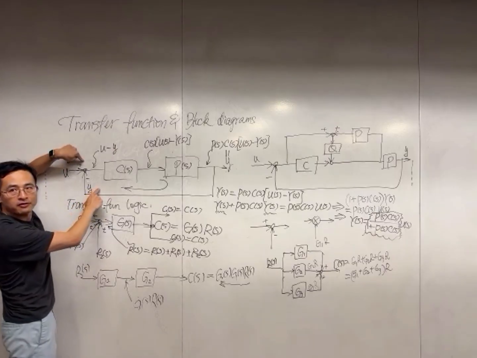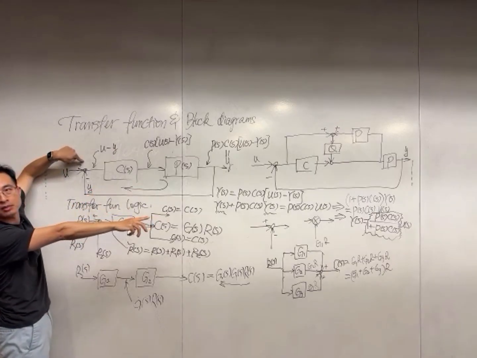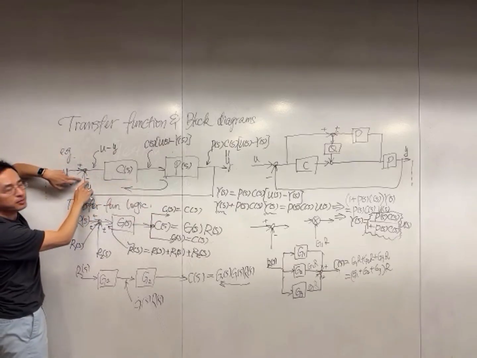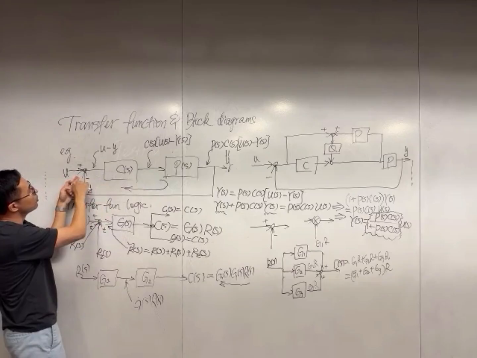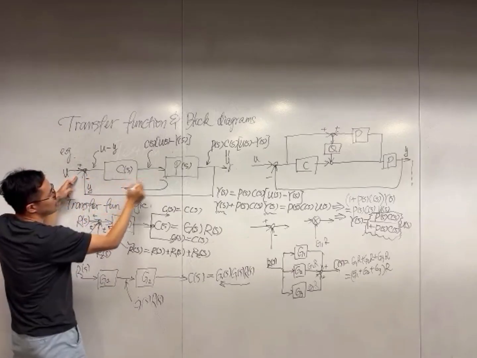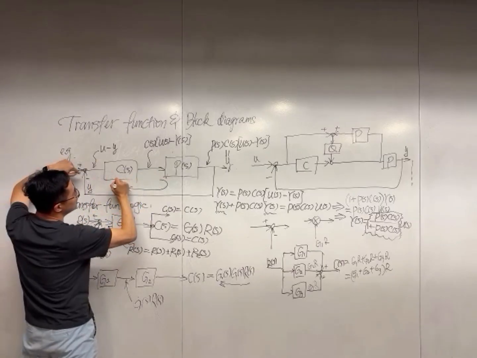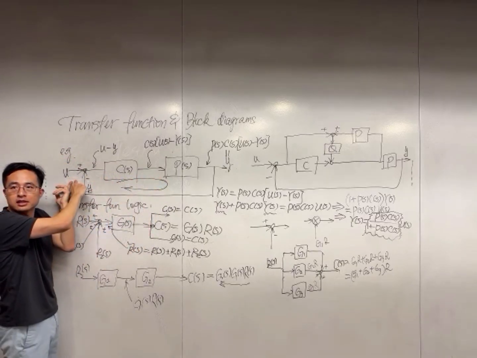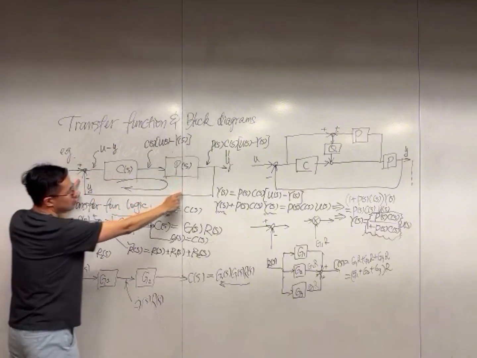And then whenever you have feedback, you are going to have a denominator. If it's negative feedback, the denominator will be 1 plus the overall, so from here, for the second path of this input, it goes through here, here.